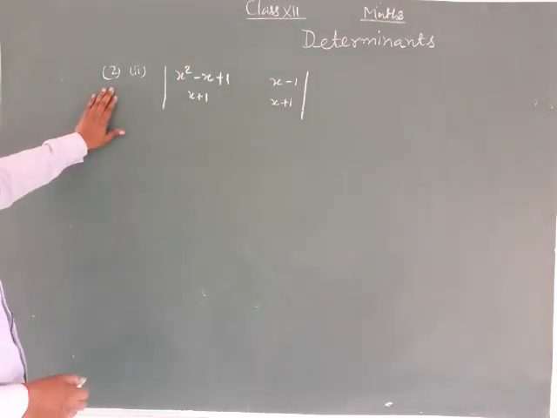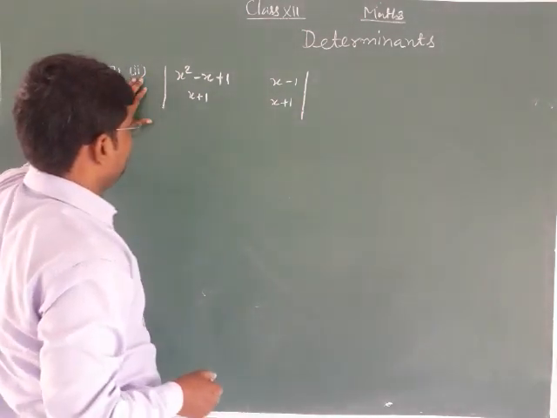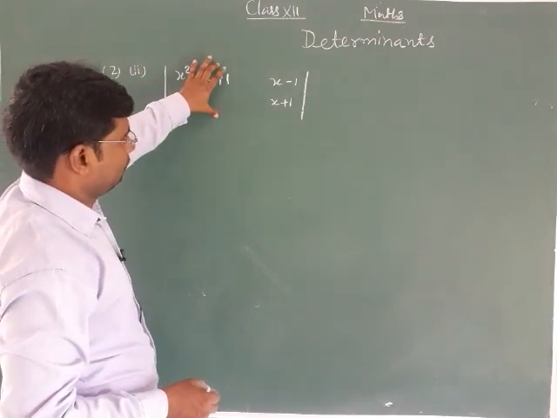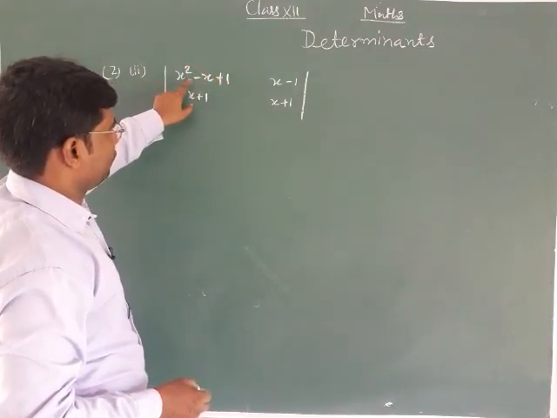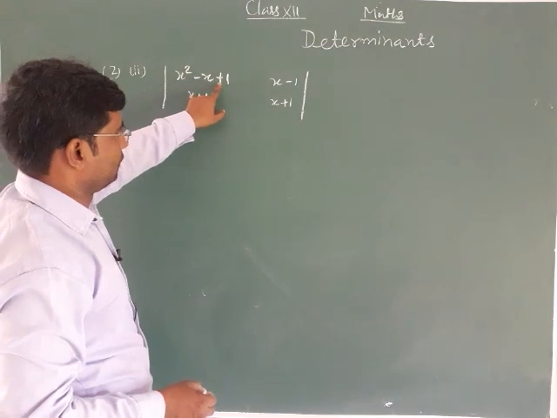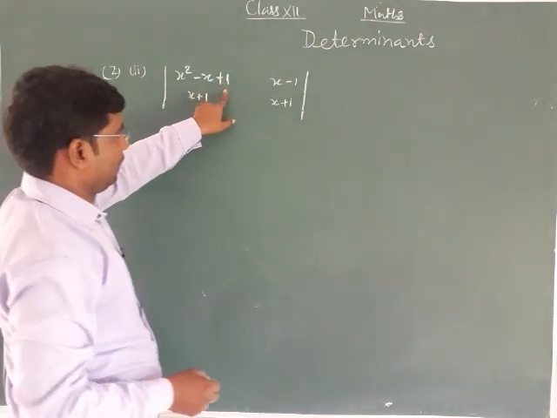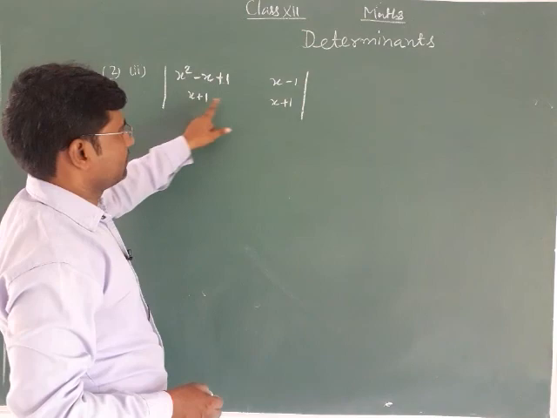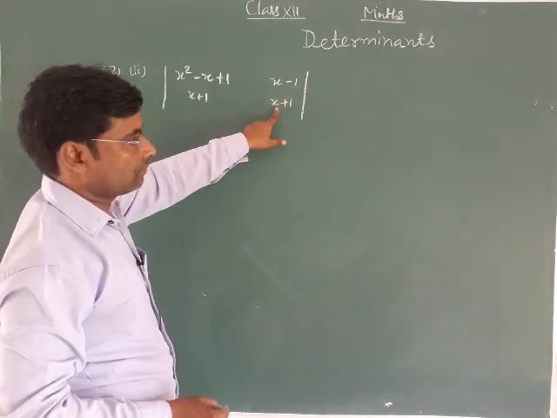Question number 2, second part. The given elements of the determinant are x square minus x plus 1, x minus 1, x plus 1, and x plus 1.